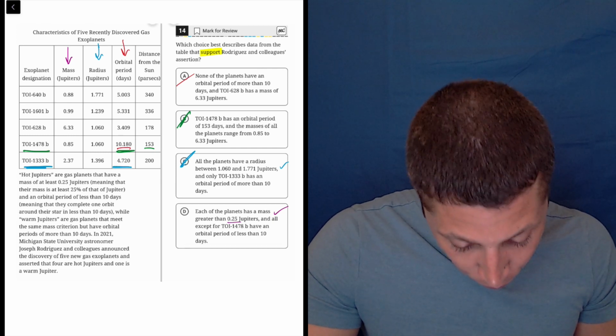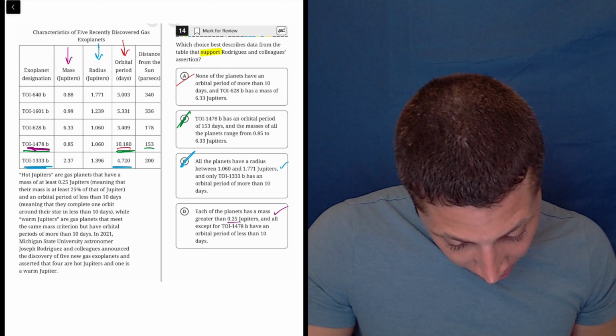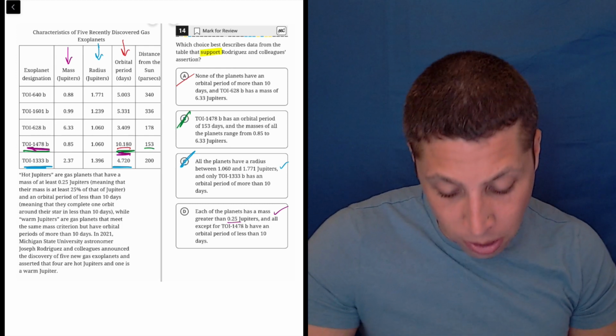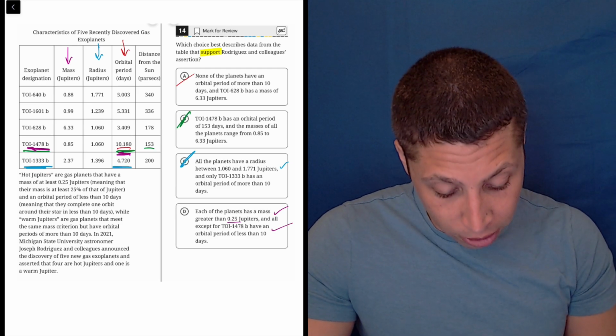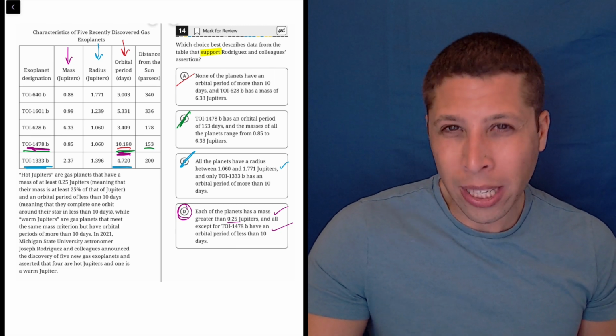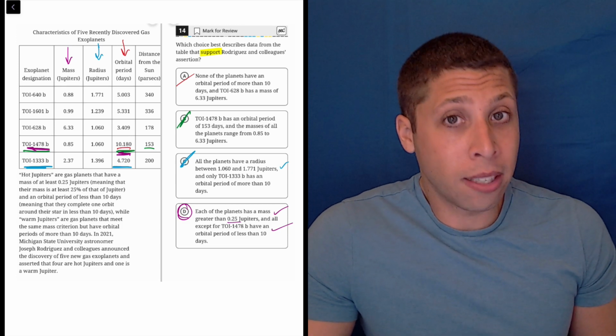And all except for 1478b, which is again this one here, have an orbital period of less than 10 days. Yes, there's that 10.180 again, right? All of them are less than that, except this one. So that's just true. I have no idea why that supports Rodriguez. I don't know what they were saying, but it's the only one that is just factually true.